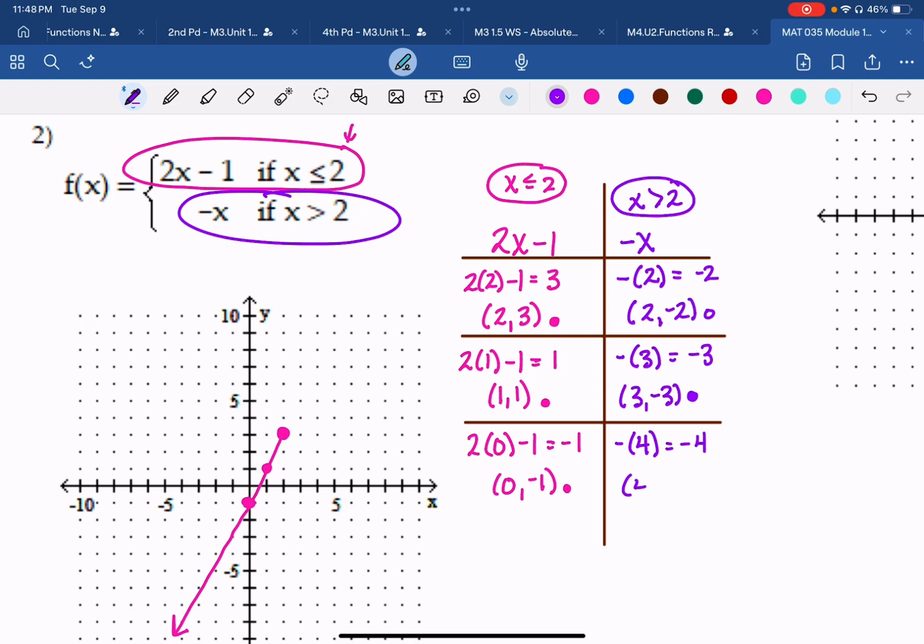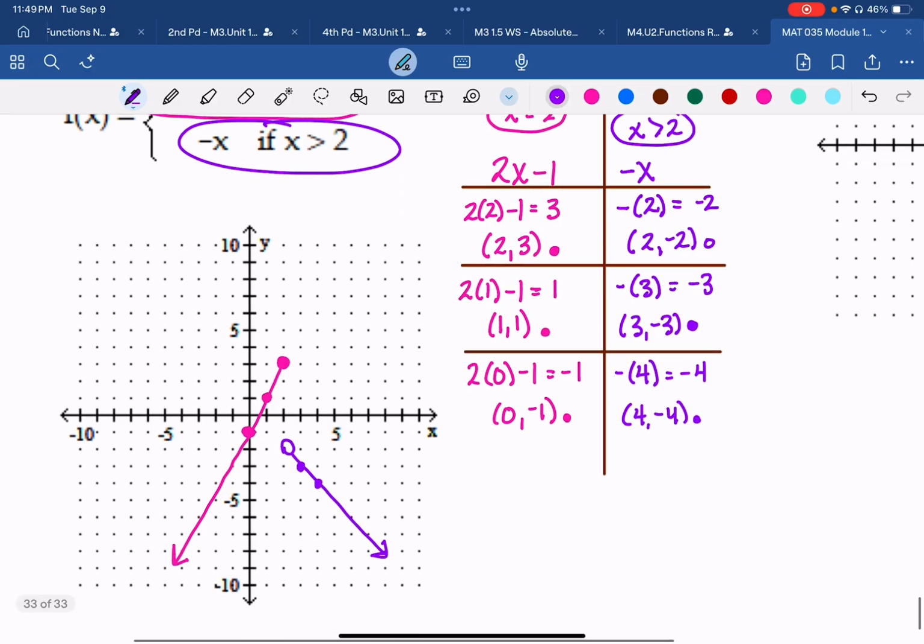So I get the ordered pair (4, negative 4). Again, it's just a point on my graph. And I'm going to put those up here. So I've got (2, negative 2). Then I've got (3, negative 3). (4, negative 4). And that's going to keep going in this direction. Okay. And there's our graph.